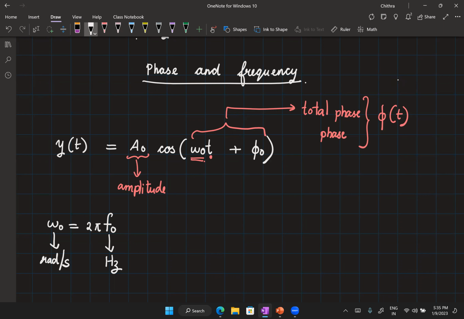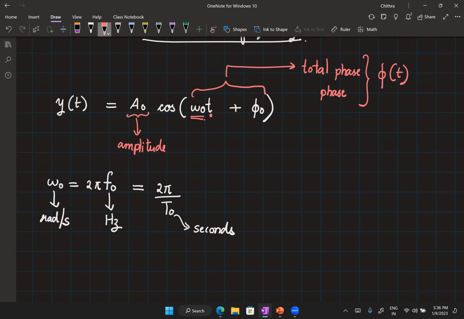Technically, omega naught is angular frequency, but the term frequency is usually used interchangeably for both omega naught and f naught. And this is done with the understanding that omega naught is represented in radians per second and f naught is in hertz. Okay. Now, this is also related to the time period of the signal, and that is given by 2 pi by T naught, where T naught is in seconds. Now, I'm sure most of you are familiar with these terms, but I want to establish all the notations in the beginning of the class.